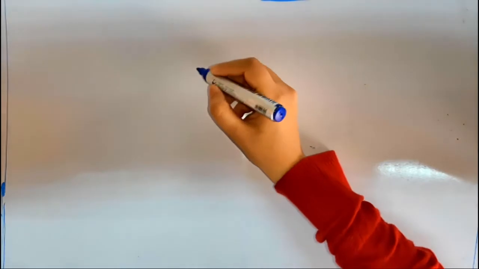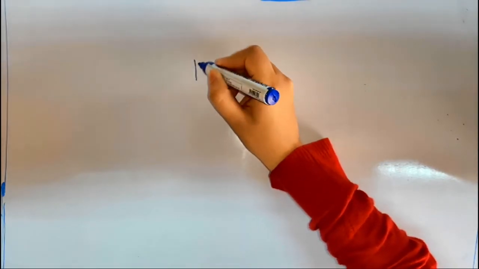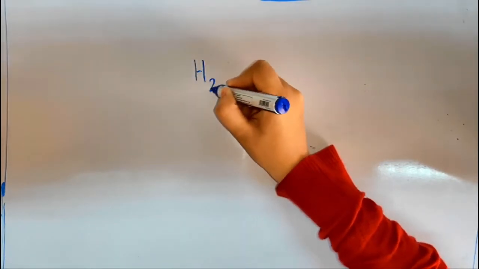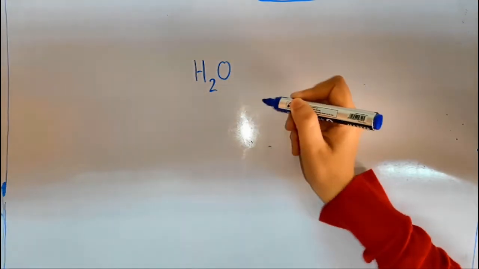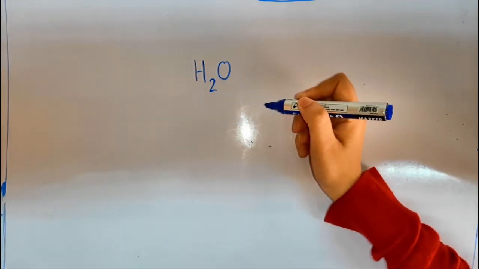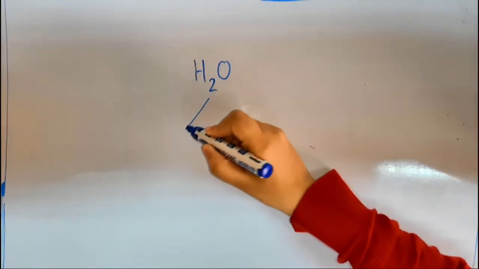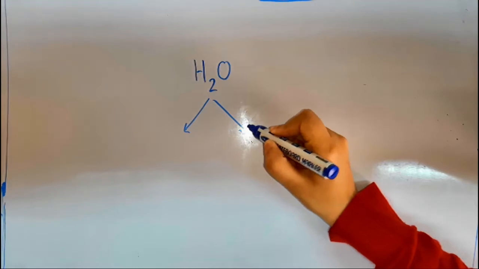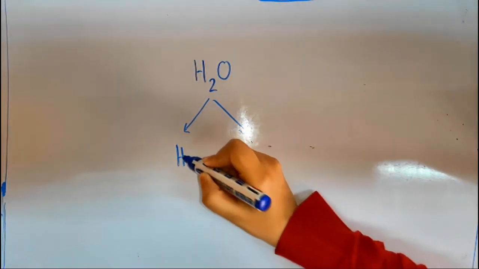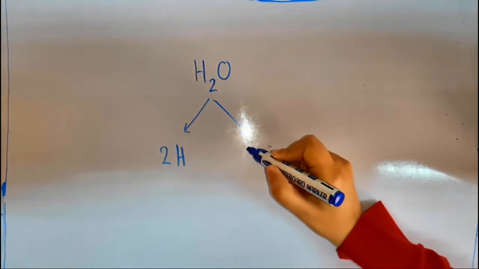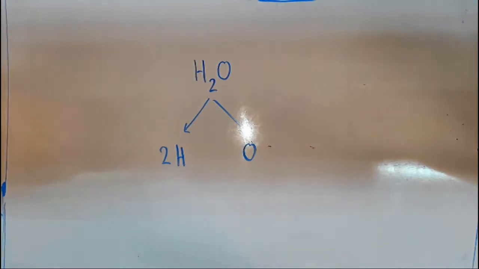In the last lesson we studied water. Water, its symbol is H2O. This is the molecule of water. It has the properties of water, but the molecule of water consists of two hydrogen atoms and one oxygen atom.